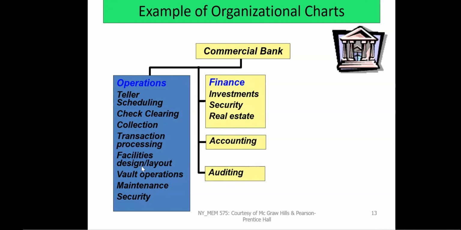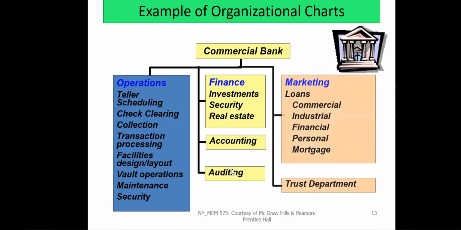They have the design layout of the bank office and so on, and the maintenance of the ATM machine and online banking, so those are under operations. Finance needs to do the investment, securities, real estate, and so on. And don't forget, they also have marketing, which is involved with loans, offering customers their loans, their mortgages, and so on.